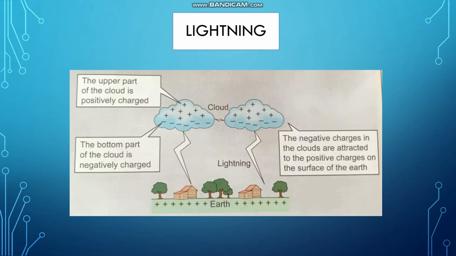The lightning conductor provides a path for the electric charge to flow into the ground, so when lightning strikes the lightning conductor, the electric charge will move to the ground.